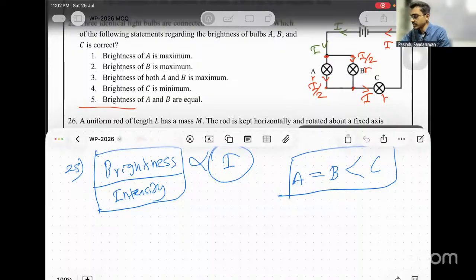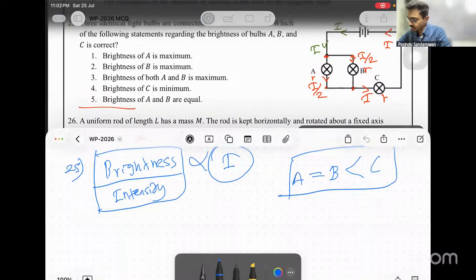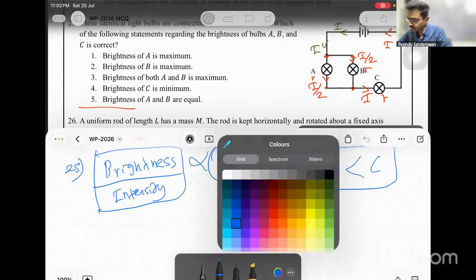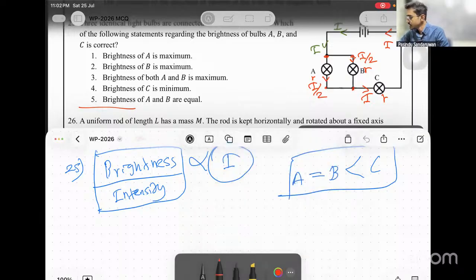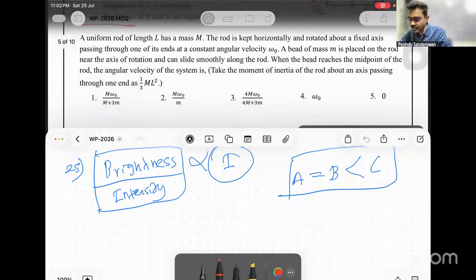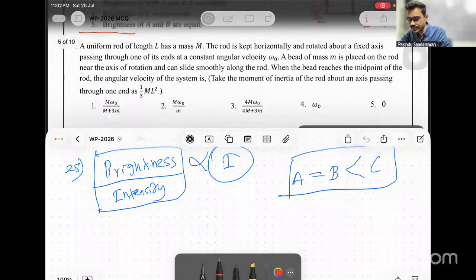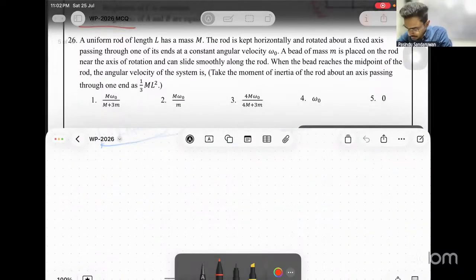I think the screen is visible. Let's start. We stopped at the 25th question yesterday. Right now we are starting from 26.